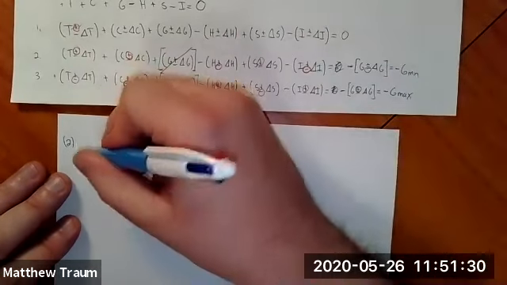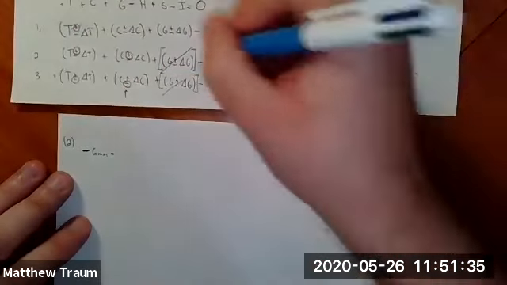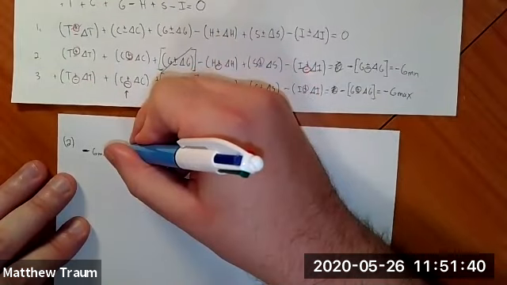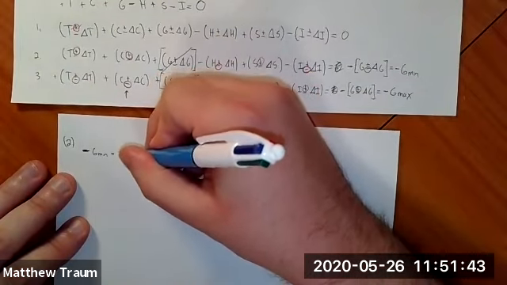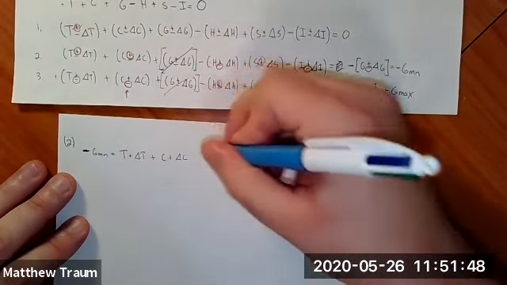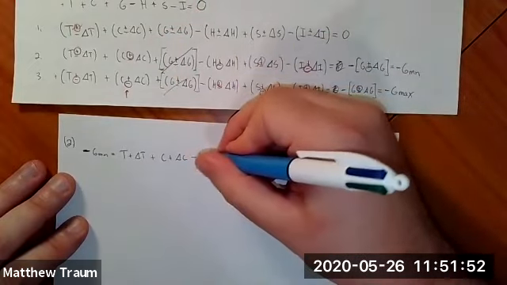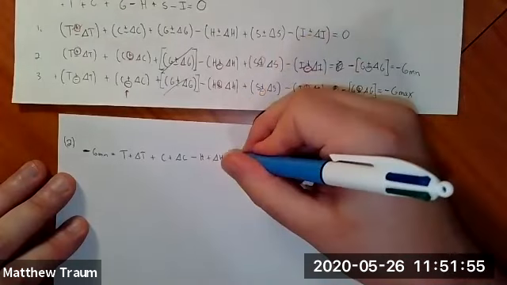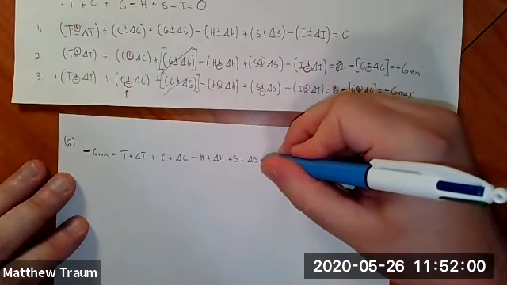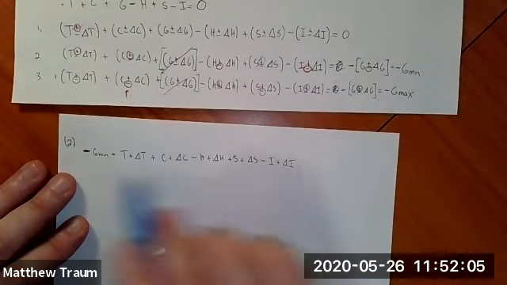So I've got minus G min, and this is going to be equal to, now I can go through and pick everything correctly. So it's going to be T plus delta T plus C plus delta C. I don't have to worry about G because I move that to the other side, minus H plus delta H plus S plus delta S minus I plus delta I, and that equals G min.